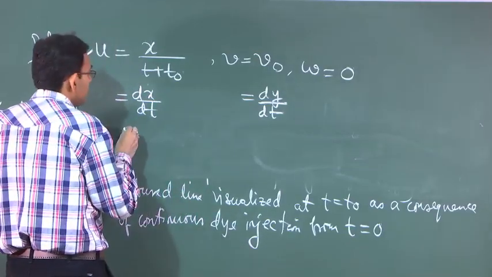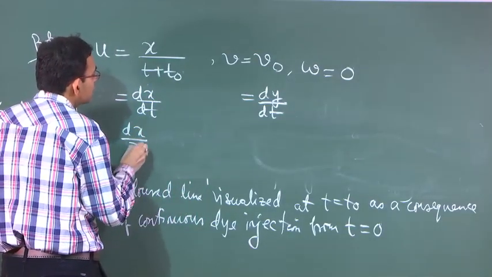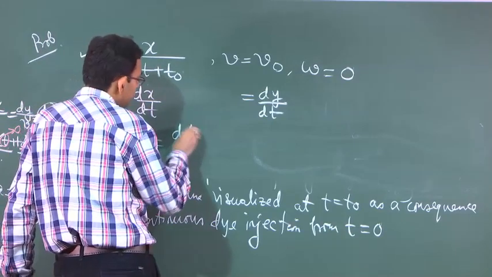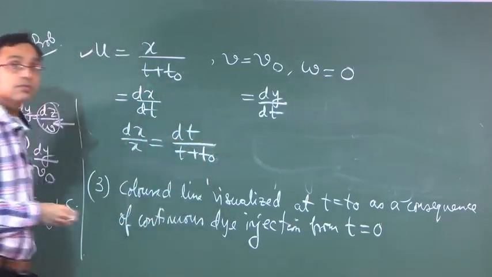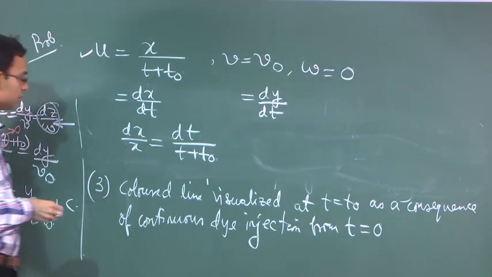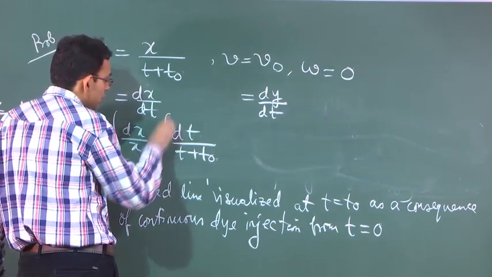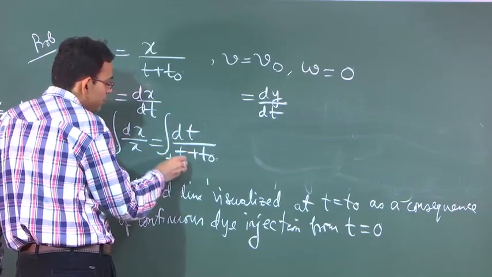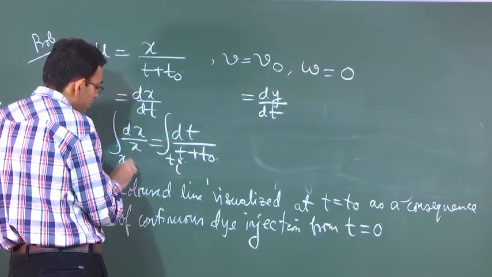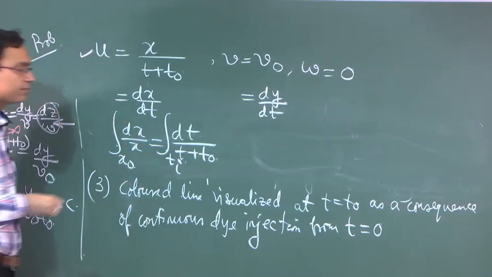So, you have dx by x is equal to dt by... so the initial time is here variable ti, but the initial position is fixed.